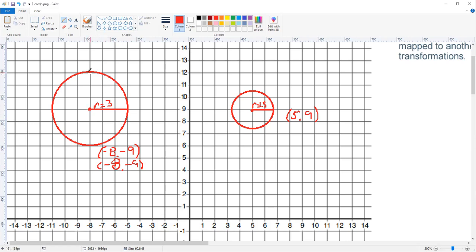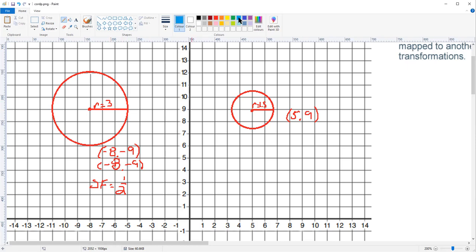So every single point on here is going to dilate inward at a scale factor of 1/2. So it's going to shrink this radius by 1/2. After it did that, the radius would then become 1/2.